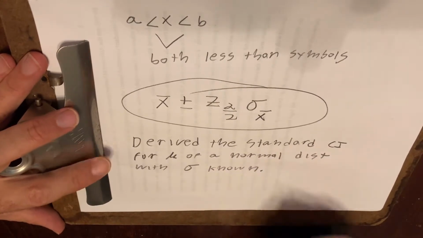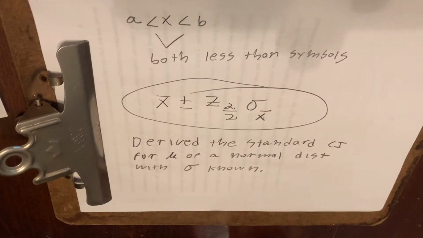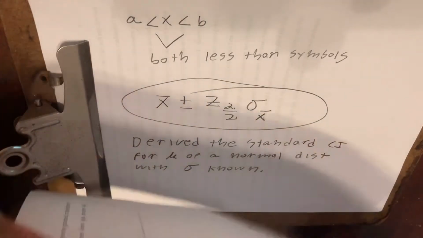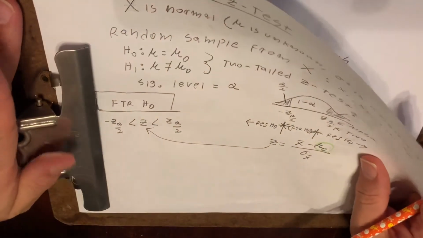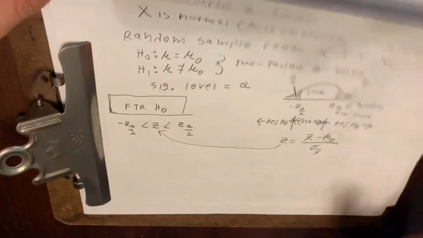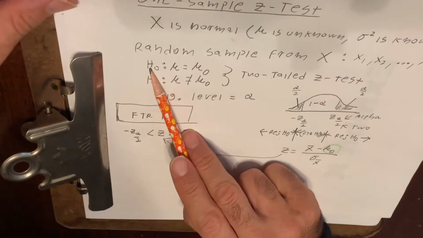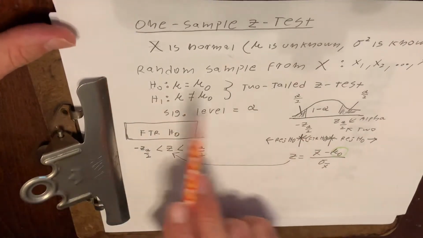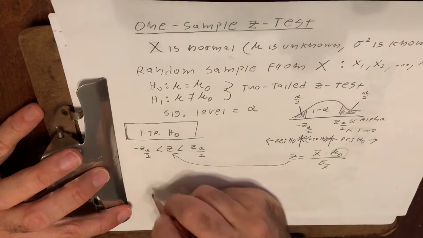In other words, known standard deviation or known variance. But the important thing that we have here is we have derived this confidence interval by first looking at the hypothesis test. And this is called the method of hypothesis test inversion.